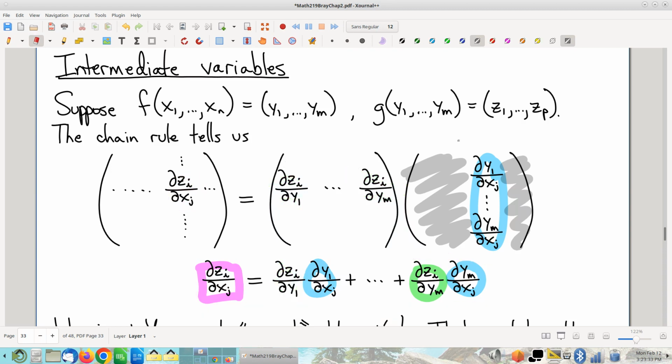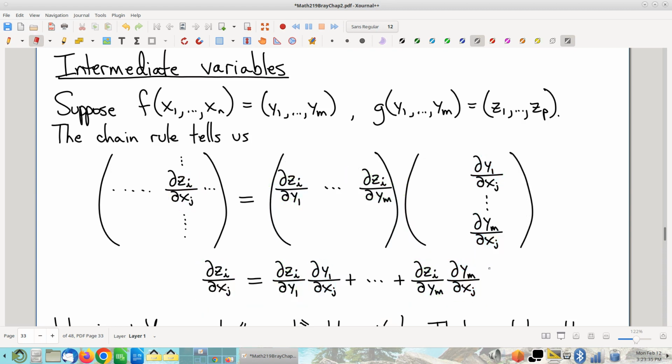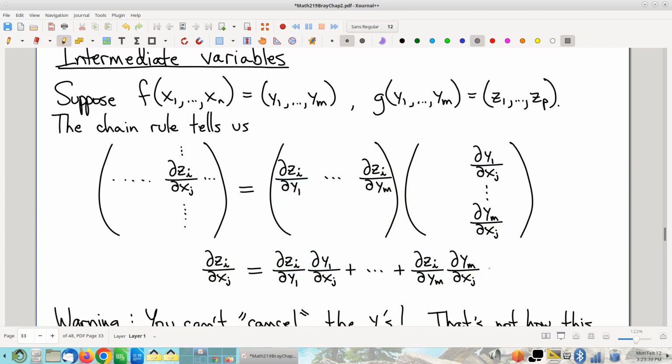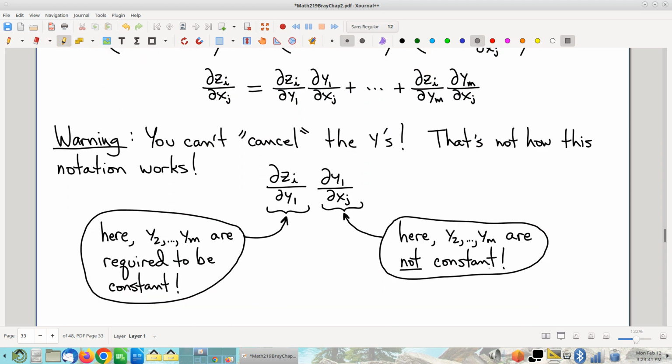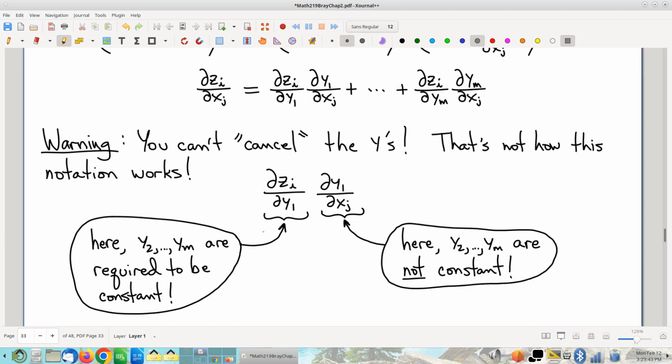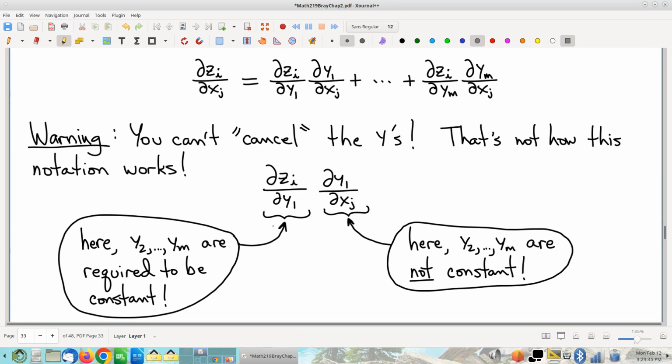Now, before we go on and see some of the nice applications of this and different ways to think about it, I do want to warn you about a notational problem. This is a very common mistake. I see this on exam papers all the time, and it's very tempting. I understand why students would get this wrong, but it's very important not to get it wrong. So again, here's our new formula.